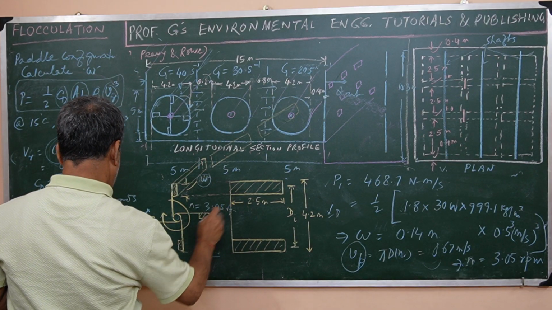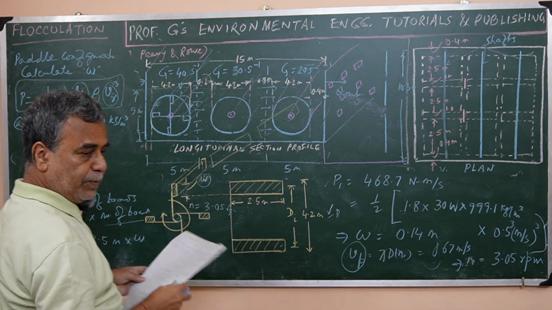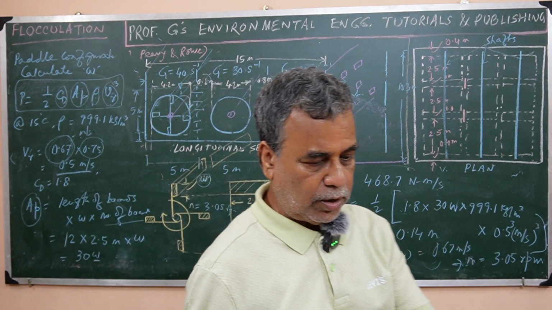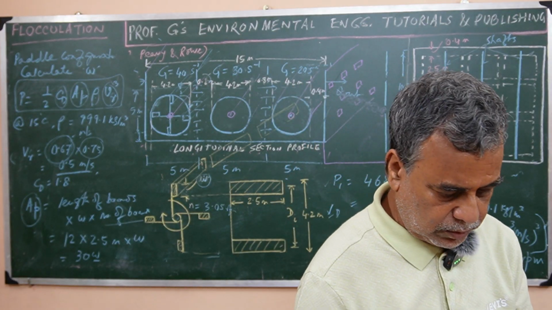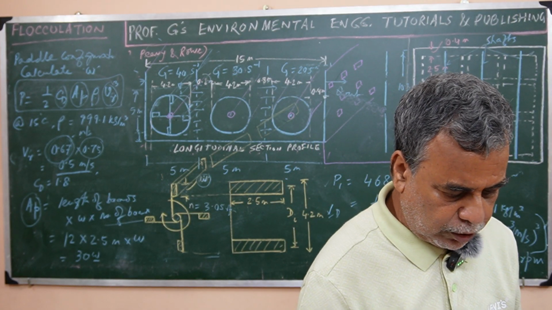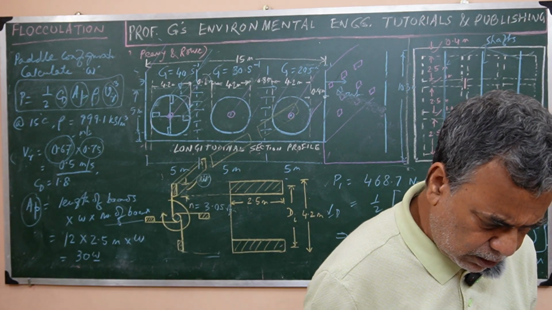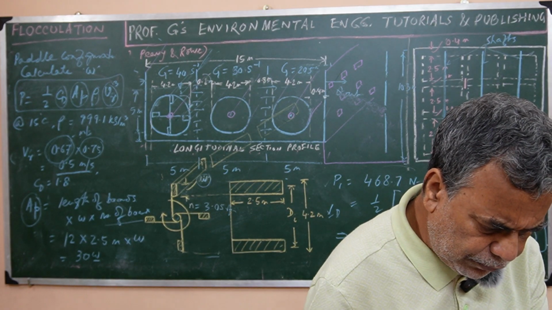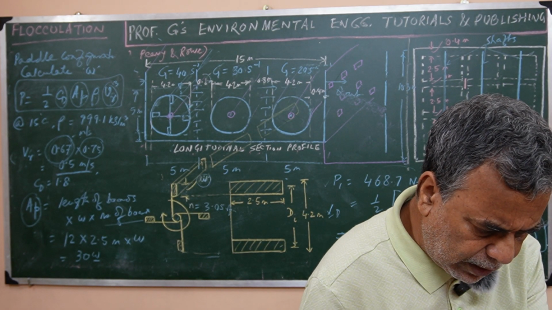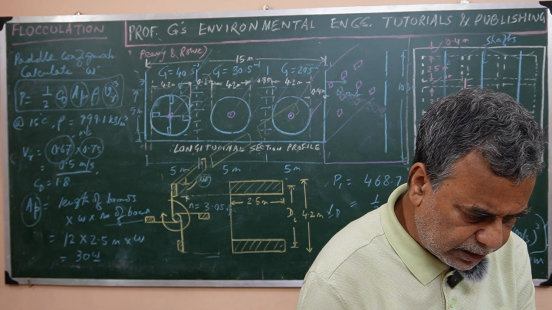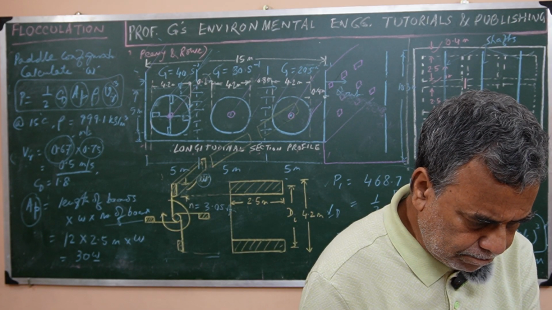3.05 RPM or so. And as per this one, I think you have taken a note that peripheral speed is 0.15 to 0.6, that was there, right?